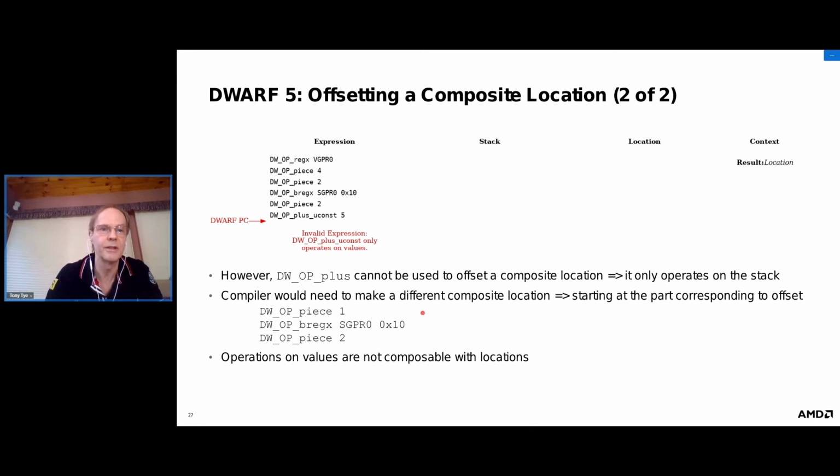Then the answer is no, because add only works on values, and locations aren't values, they're in this location area, so they're separate. So if the compiler wanted to do that, it would actually have to build a location which is just the part it wanted, and maybe we could build a composite using this expression to achieve that. But the observation here is that we don't have operations that naturally work across these two divides. We've got the stack and we've got the location.